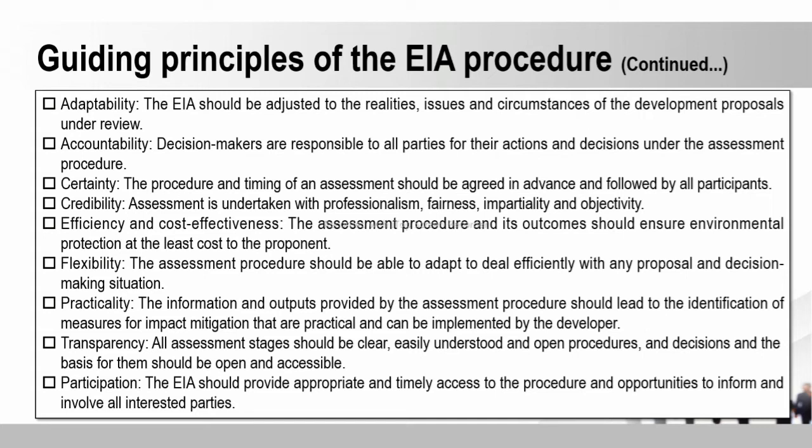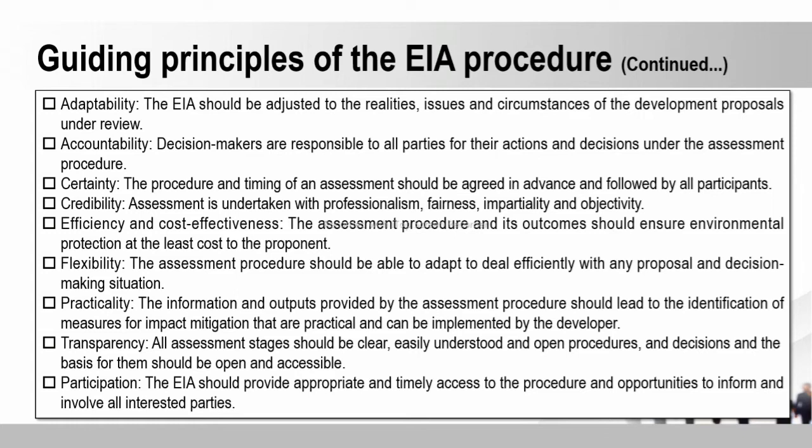So it is very important that the environmental impact assessment should be flexible in all issues and realities that happen in that particular area or jurisdiction. Then, the EIA procedure or protocol must have accountability. Decision makers are responsible to all parties for their actions and decisions under the assessment procedure. So each decision maker should be accountable or responsible to all the parties that are involved during the EIA process or procedure.